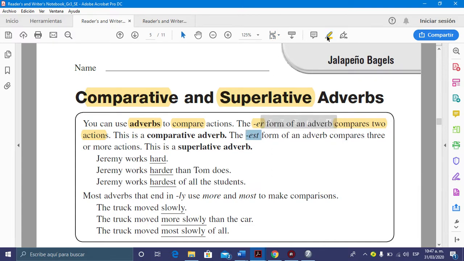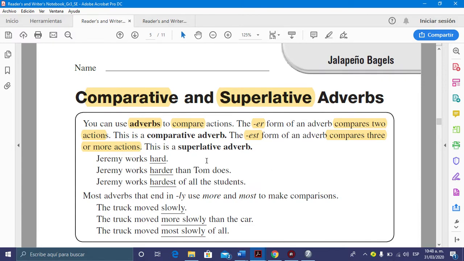The EST form of an adverb compares three or more actions. Remember, when we use superlative, we compare more than two things or two actions. For example, 3, 4, 5, 6, 7, 8, 9, 20.